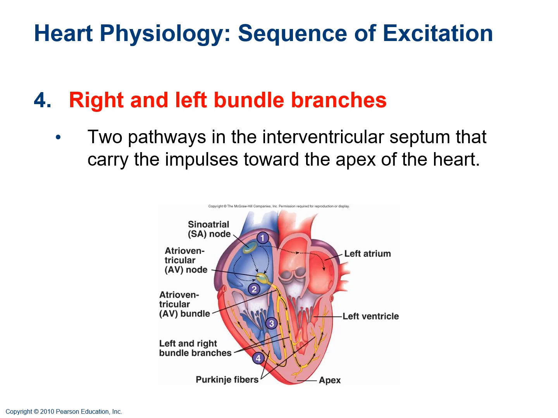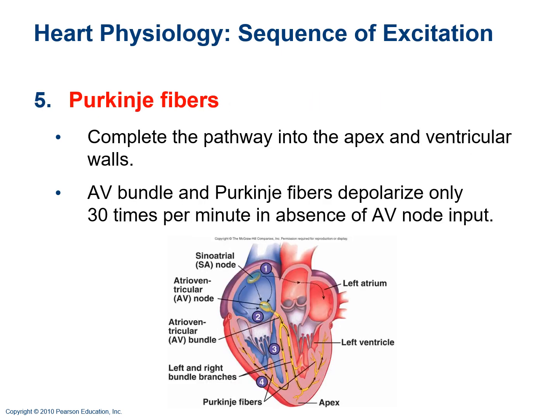Then come the right and the left bundle branches, which you can see here going down each side of that muscular interventricular septum. So they're carrying impulses towards the apex of the heart, this bottom pointed part. And finally, we end with the Purkinje fibers that sweep upwards along the outer walls of the two ventricles.